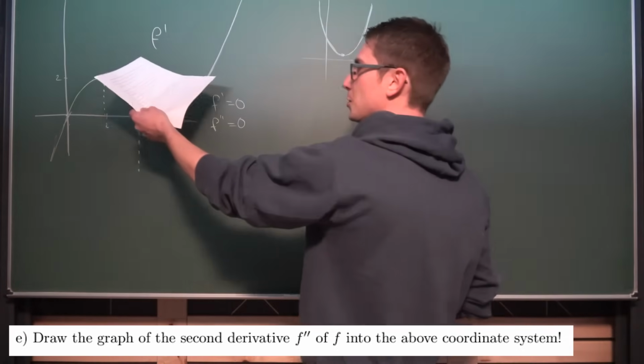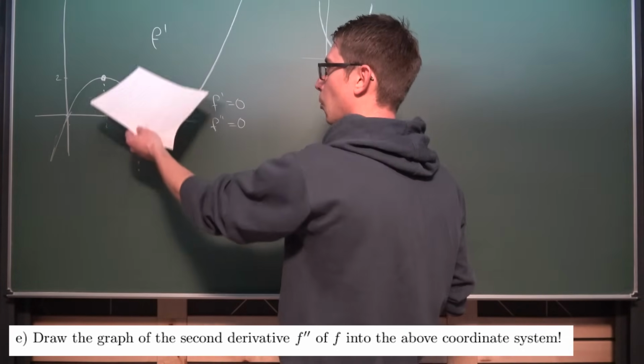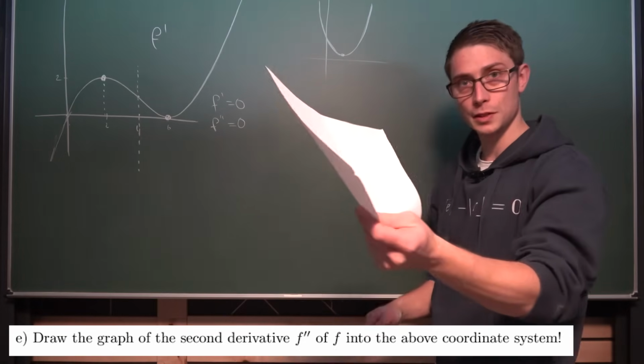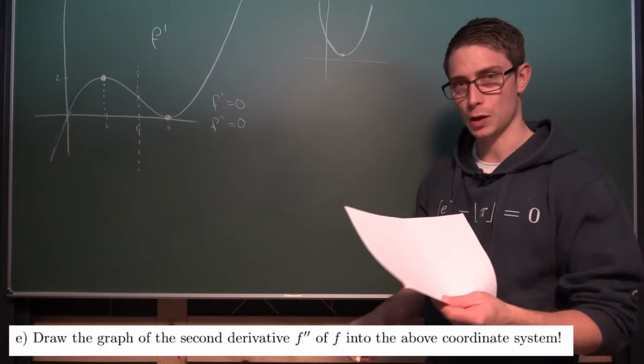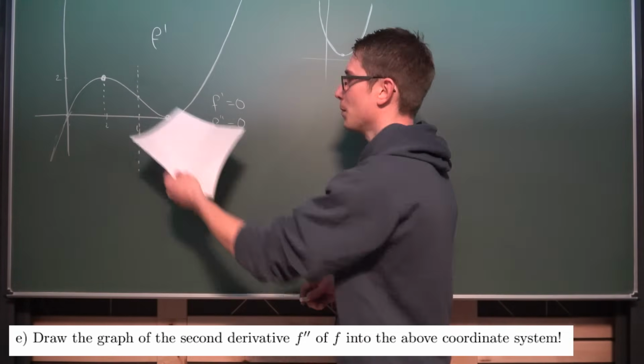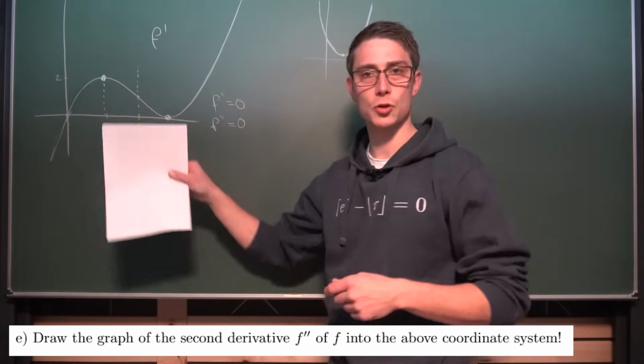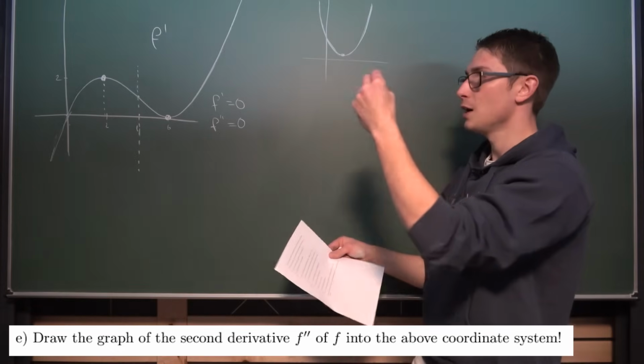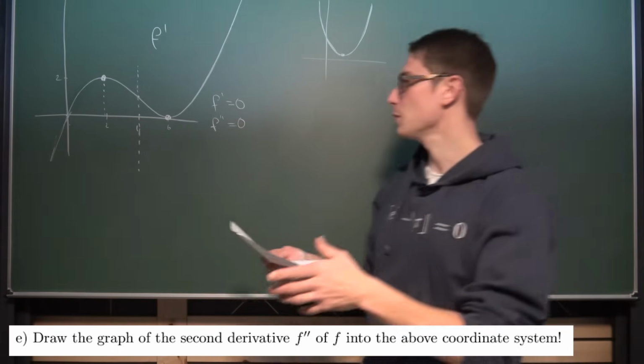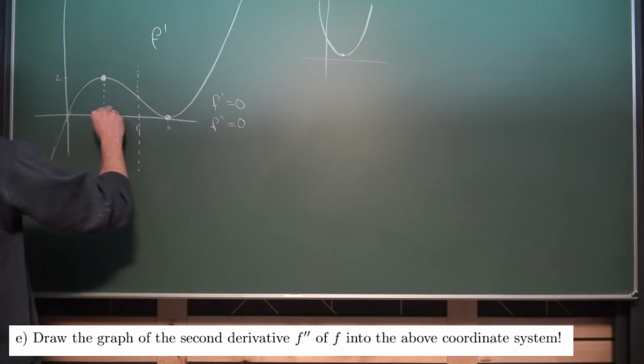Now, somewhere on this line, we get the critical point for the derivative of the derivative, f''. So somewhere here is going to be a minimum or maximum for f''. Now, the extrema that we got right here are going to correspond to the zeros of the derivative of the derivative. So somewhere here, it's going to pass through.